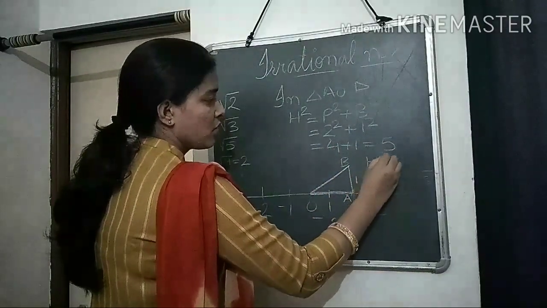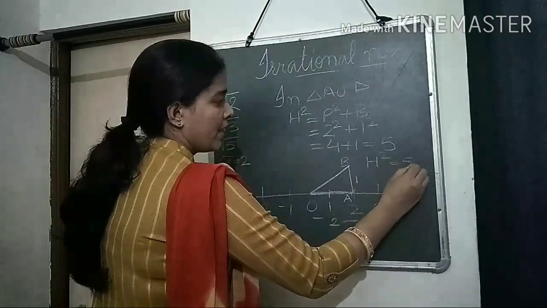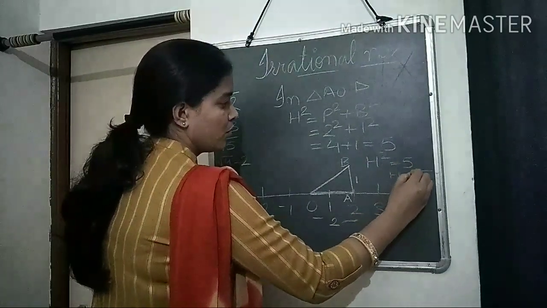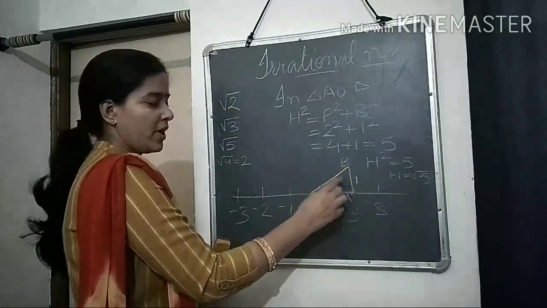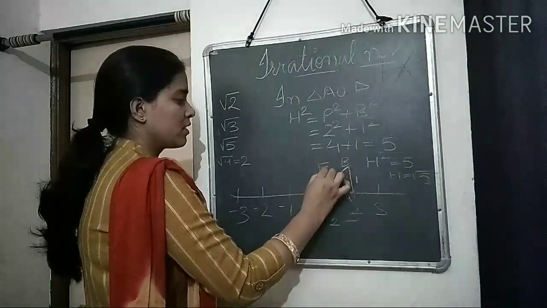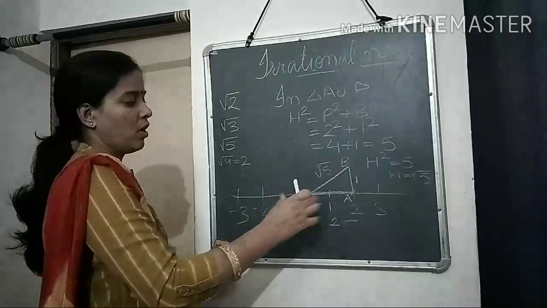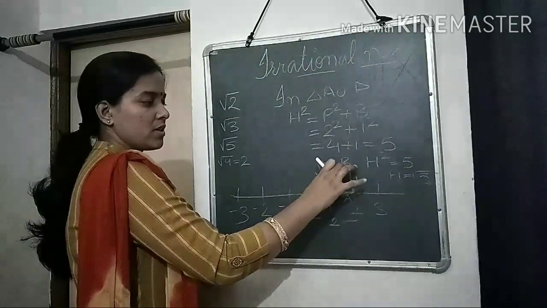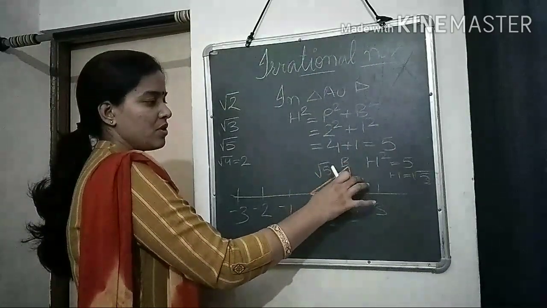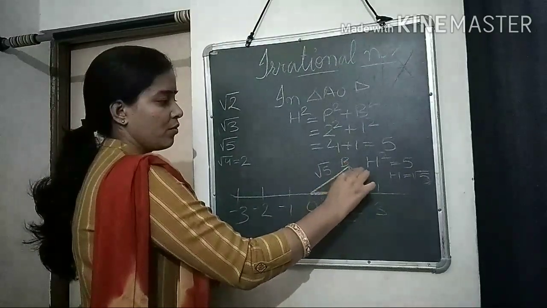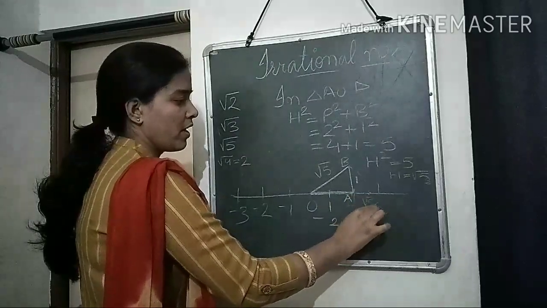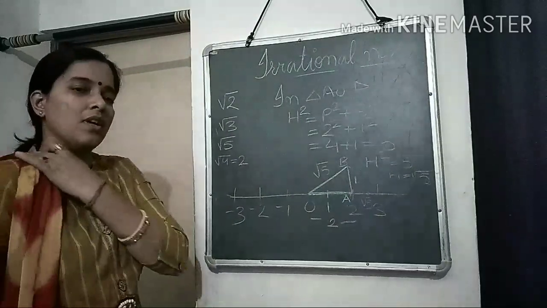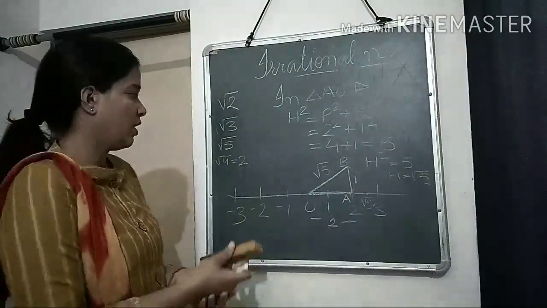So h square is equal to 5 and h is equal to root 5. That means if this is the base, this is perpendicular, the hypotenuse is root 5. Now what you can do, you can measure this distance and you can just plot the point root 5 on the number line. So this is the way how we used to plot the irrational numbers on the number line.